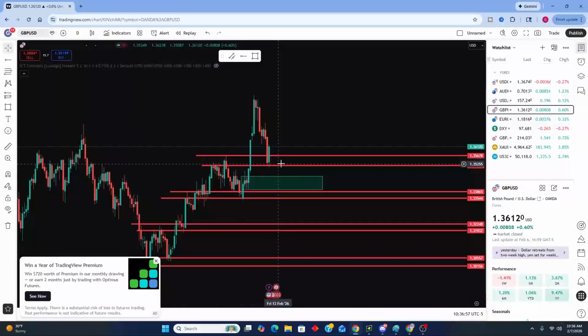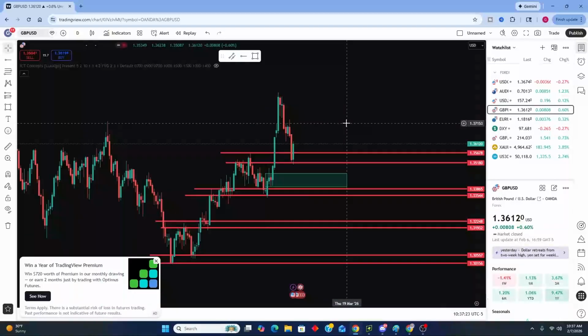Number 1 is this resistance turn support. Number 2 is this supply zone, an area where price moved aggressively up and we feel price has to come back to pick these people up to then go again, right?